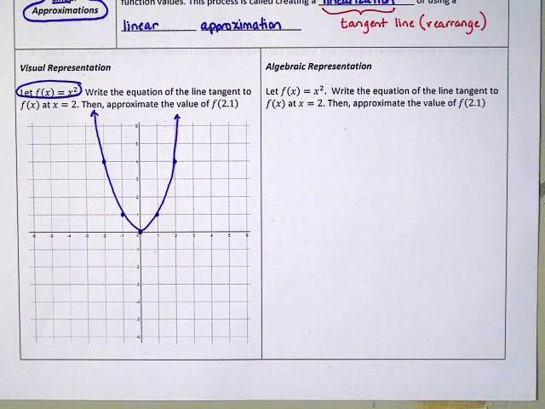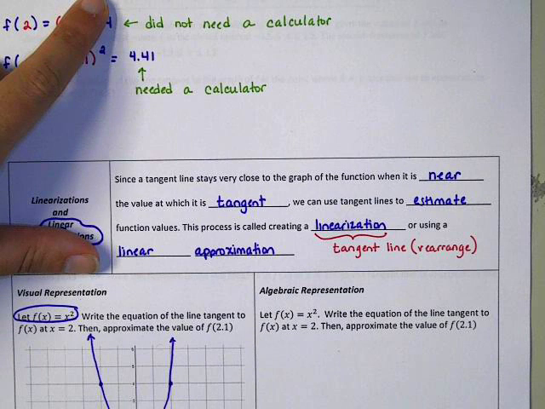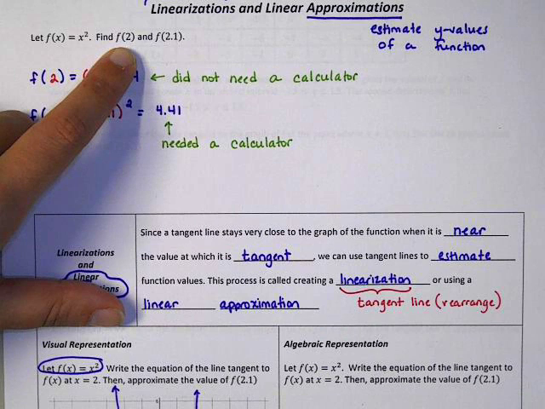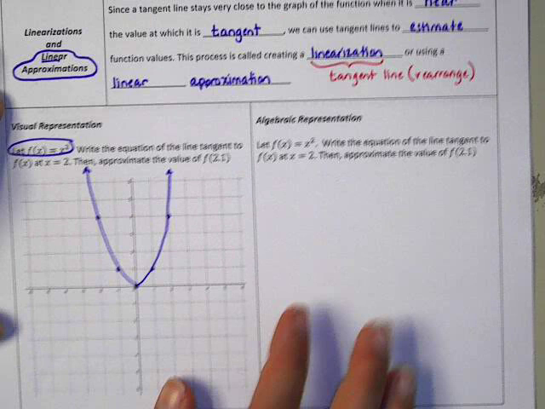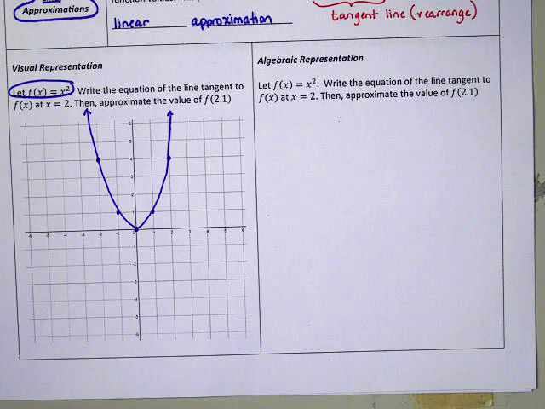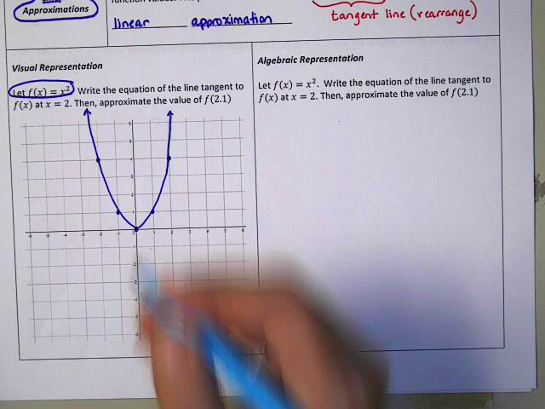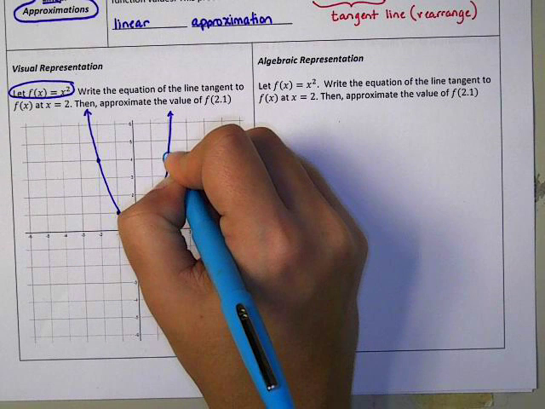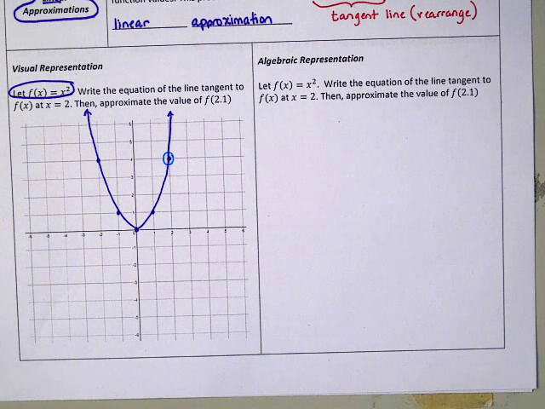Just like in our beginning, finding the value of f of 2 we can do without a calculator. So we're going to draw our tangent line at x equals 2 because that's a value that is relatively easy to find. I'm going to draw my tangent line where it touches the graph when x is 2.